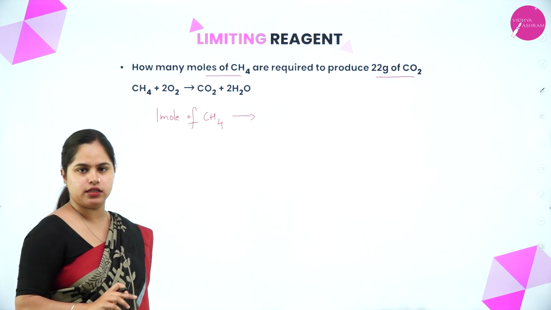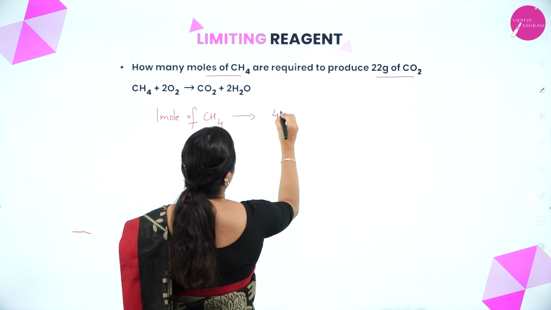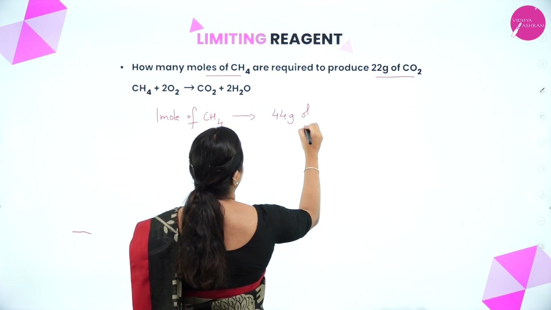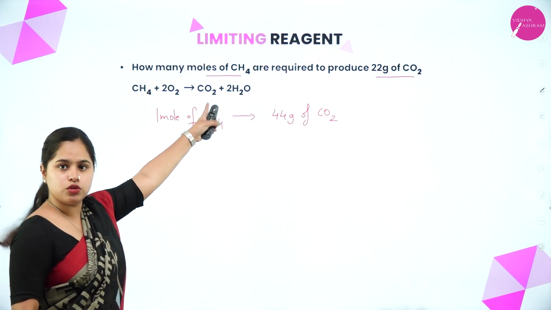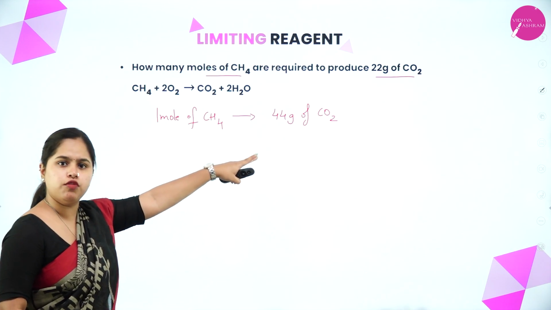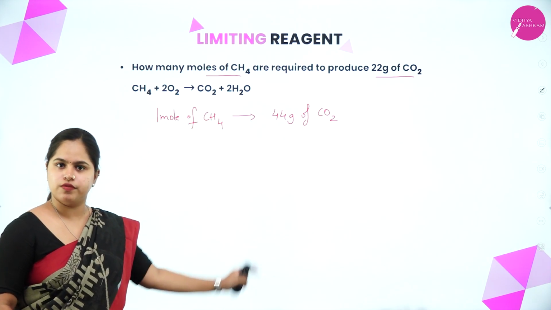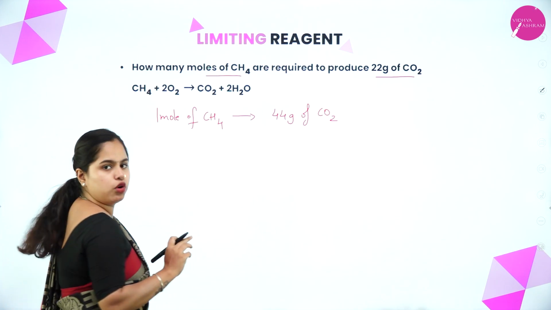So that is what is required in the question. So 1 mole of CH4 will give me 44 grams of CO2, right? There is no stoichiometric coefficient in here, so it is just 44 grams. Where did this 44 come from? 12 plus 32 will give you 44 grams. So 1 mole of CH4 requires 44 gram of CO2.